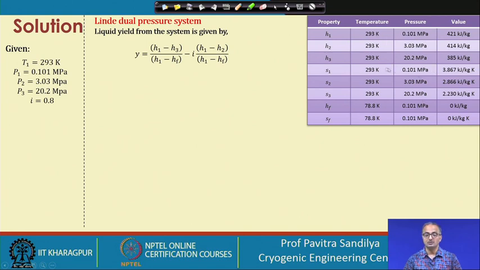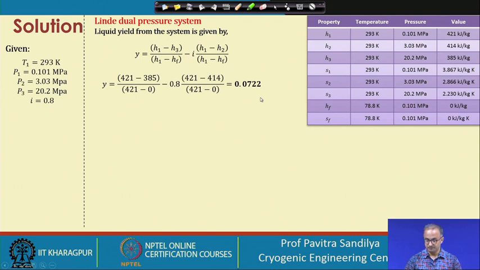You plug in these values appropriately in this expression of the yield and find out the yield as 0.07. So, this is the value of the liquid yield. That means if you multiply by 100, it will be about 7%. That means 7% of the total mass of the gas that has been compressed has gone into the liquid.